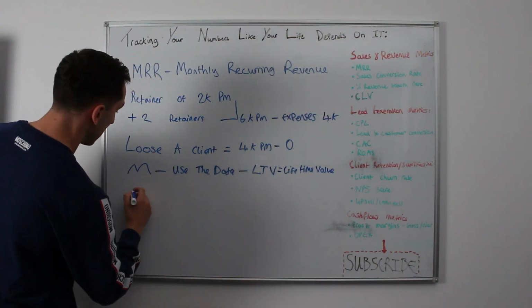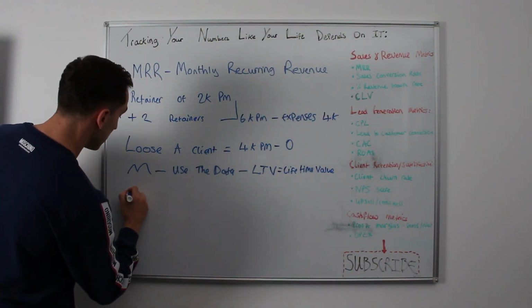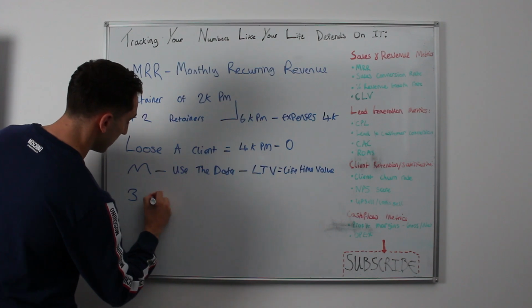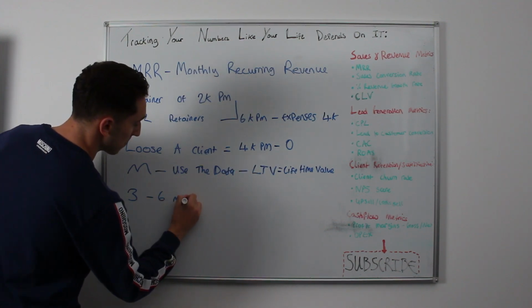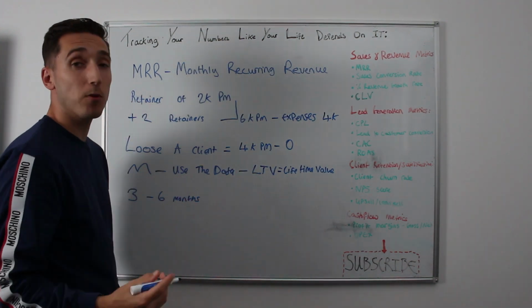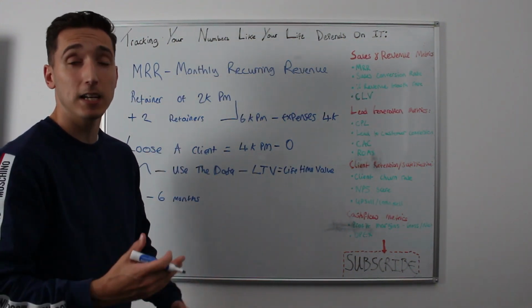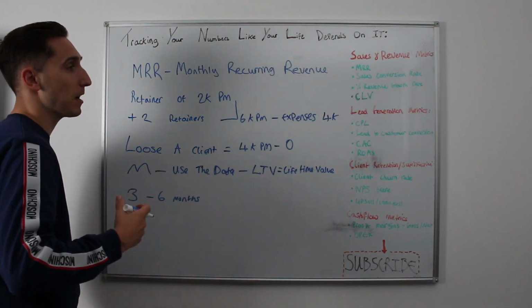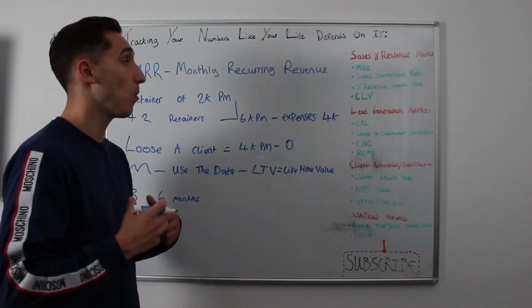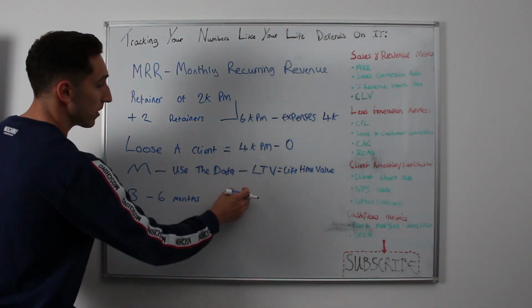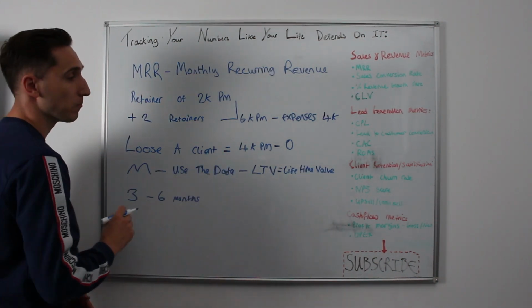You might find that your clients usually stay around 3 to 6 months, which means that we can then incorporate a plan when it comes to adding more retained business. When do we need to make sure that we're leveraging more outreach or inbound channels to be able to increase the number of retainers, because we're going to have some drop off.